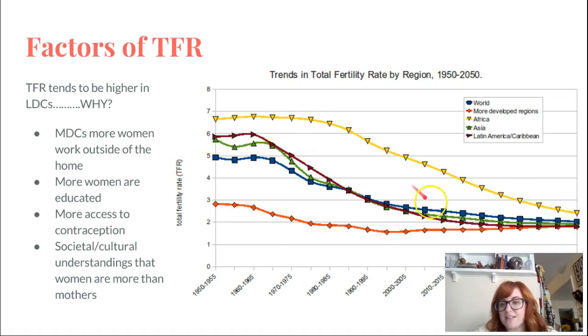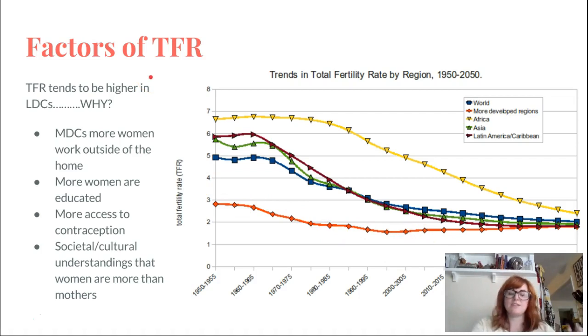You will notice that the trend in most of these places is that total fertility rates are going down, which is a good thing if your population is beyond carrying capacity, right? But you will definitely notice that Africa and Asia and Latin America are high as compared to the more developed regions of the world, which is the orange, okay?